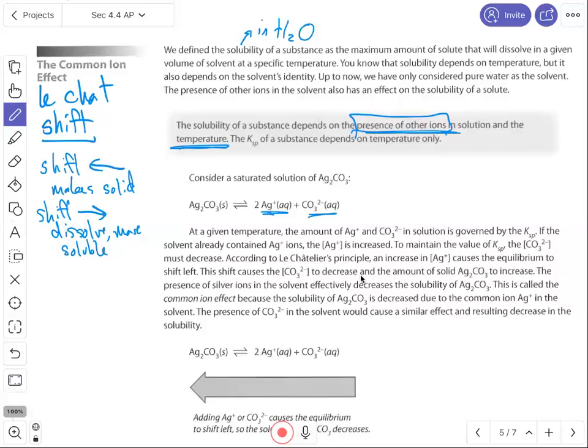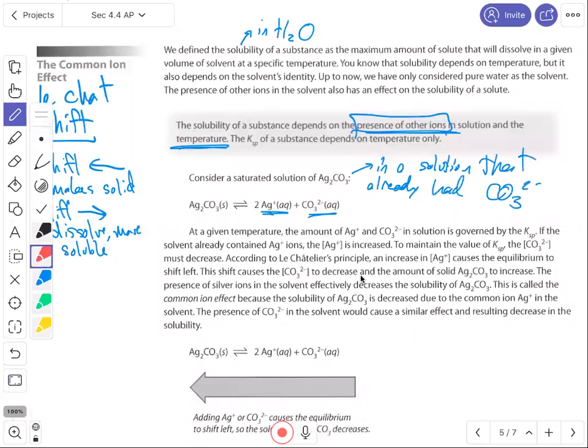So for instance, if you were trying to dissolve silver carbonate in a solution that already had carbonate, you can imagine, talking about our shifting principles, if you already had carbonate, it would be like having more of this way, in which case, what does the reaction do?